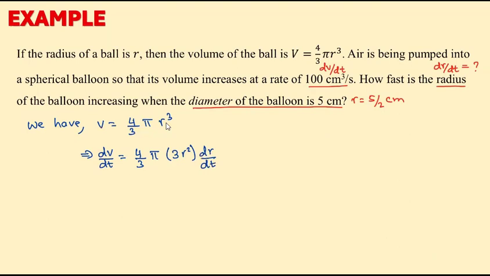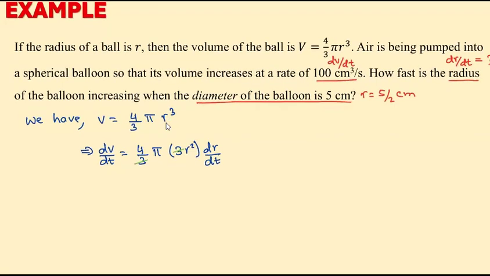Now you can see that we have 3 in the denominator and 3 in the numerator, that get cancelled, and we can plug in the values. dV over dt is 100, equal to 4 pi multiplied by the radius squared. Radius is 5 over 2, and the square of 5 over 2 is 25 over 4.